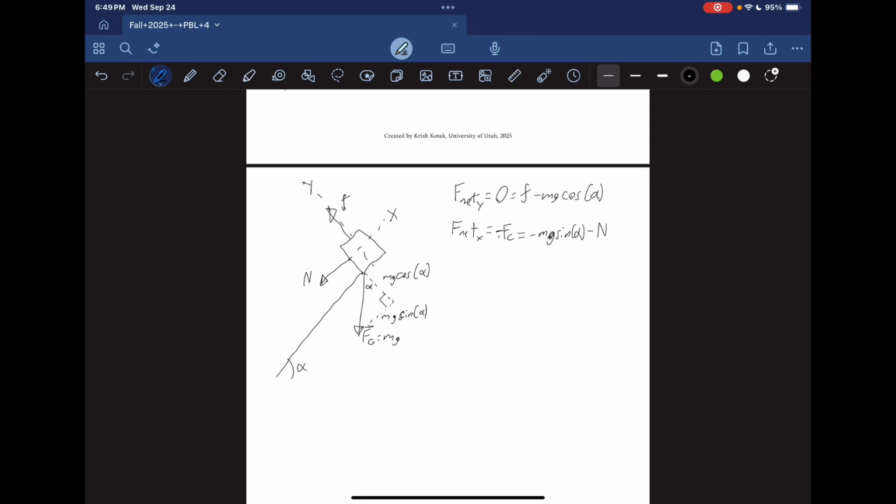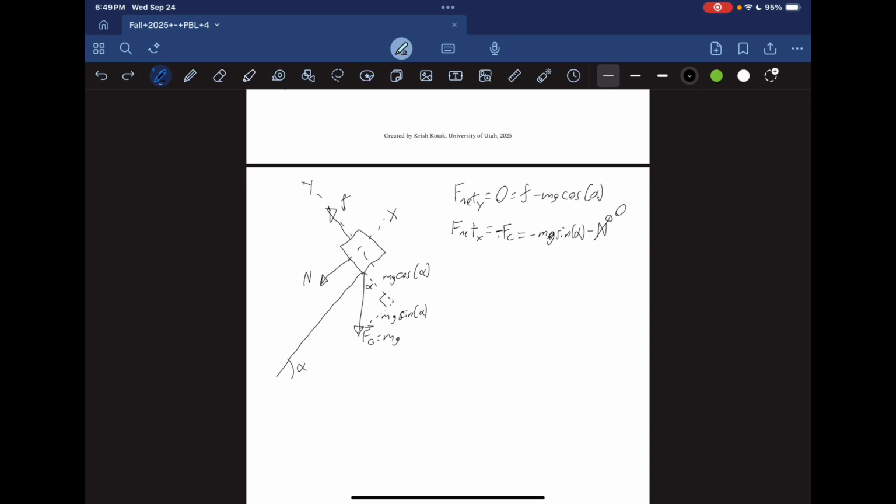An interesting thing you might have already noticed about this system, though, is that even though there is technically some sort of normal force because you're making contact with the wall, you can set it equal to 0. The reason being that there's no force in this direction to cause that normal force.